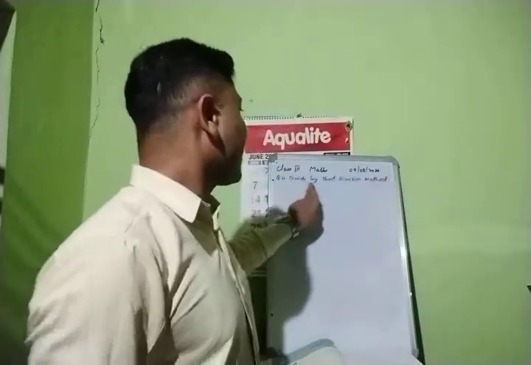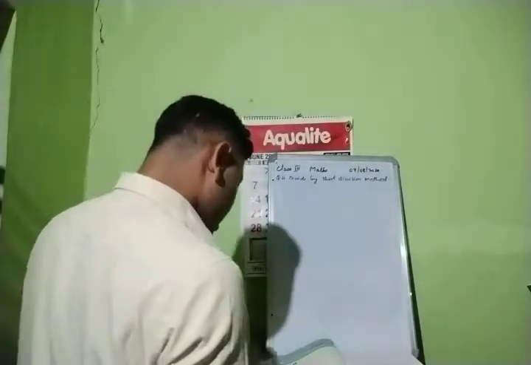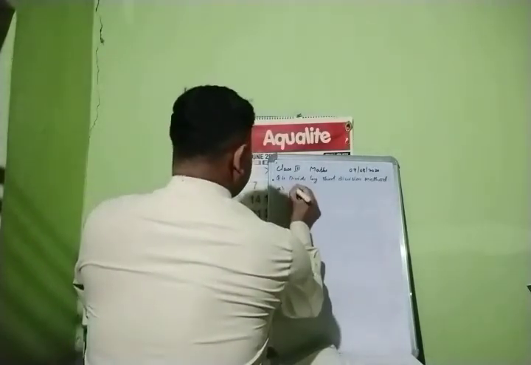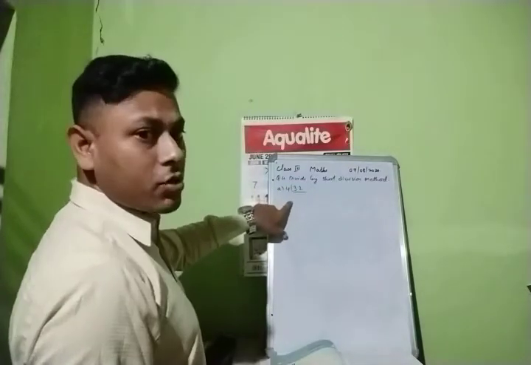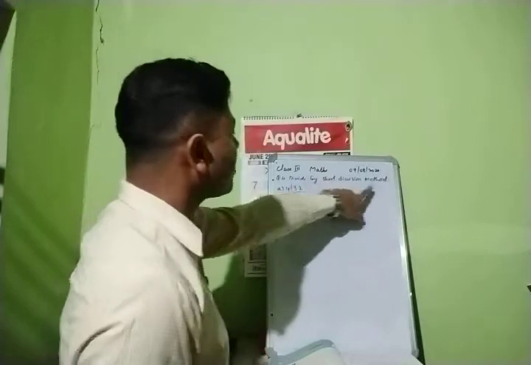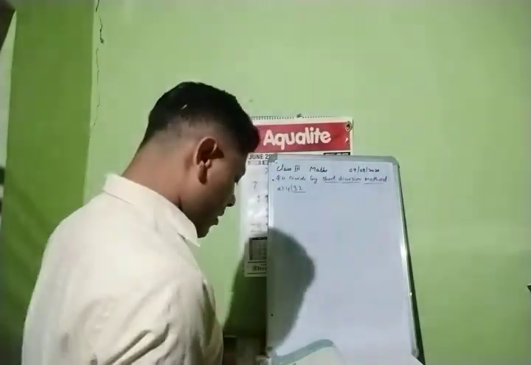Now, the question is like this. Question A, 32 divided by 4. See, the division box is down, no? This is the short division method.